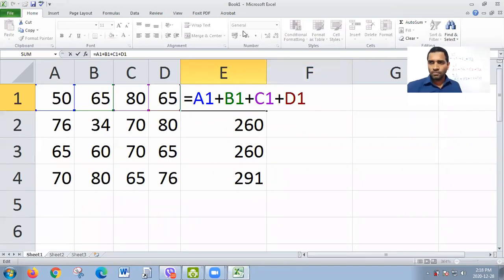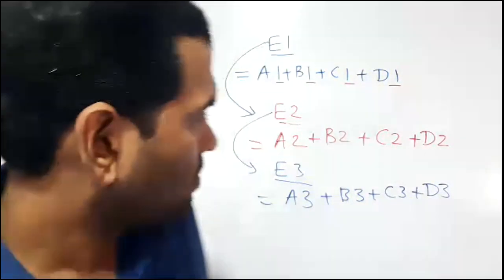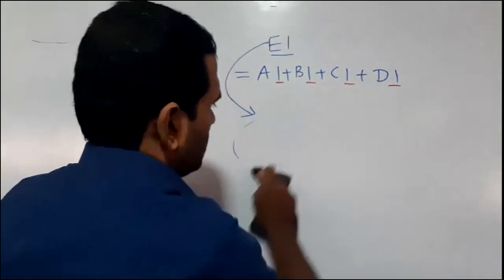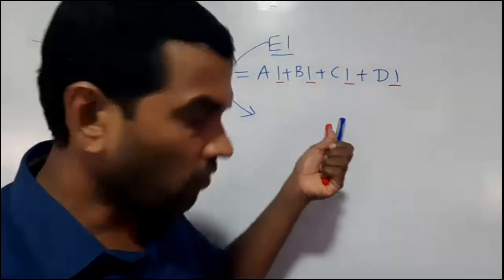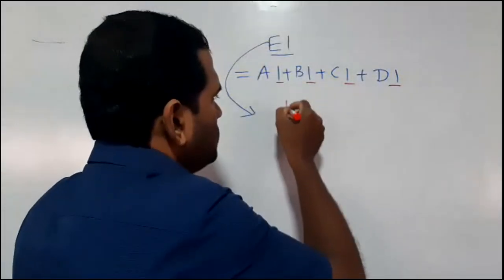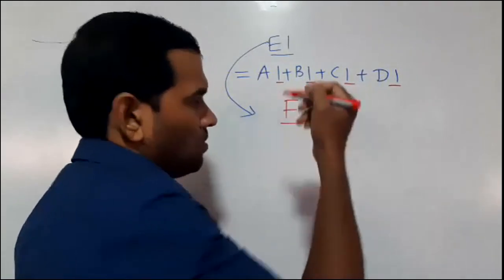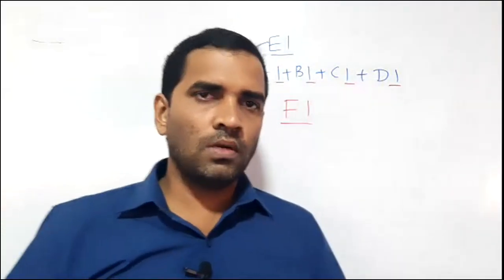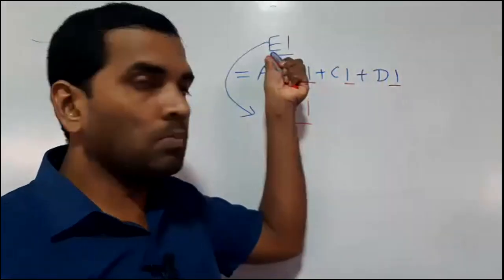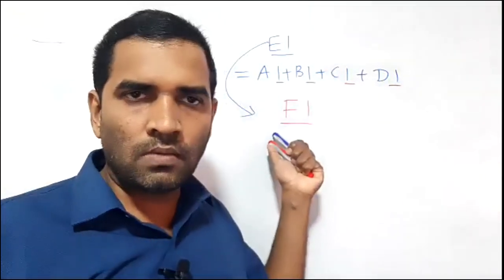So now my question is, what would be the formula displayed in F1, right? So look here. This is the same formula as in E1. Now it has to be copied in F1. Definitely the formula changes because we are moving from one cell to another cell.